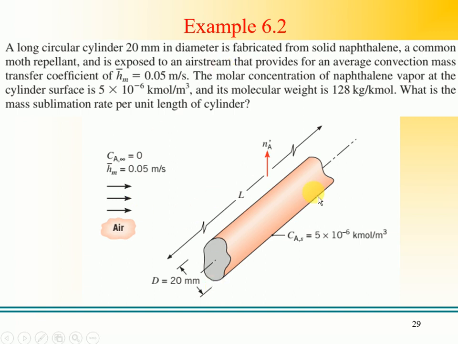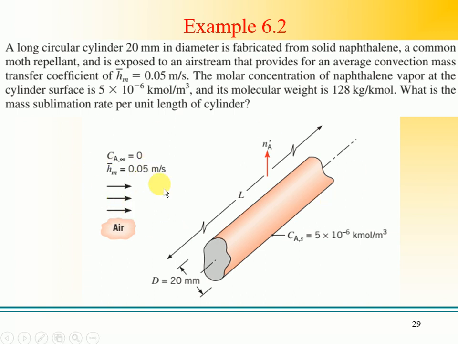So this is the cylinder. Its diameter is 20 millimeter. This CA,s that is given to you here is the molar concentration of naphthalene, 5 × 10^-6 kilomole per meter cube, and the cylinder is long. Of course, CA,infinity, the concentration in the air, is 0, and the mass transfer coefficient is 0.05 meter per second.